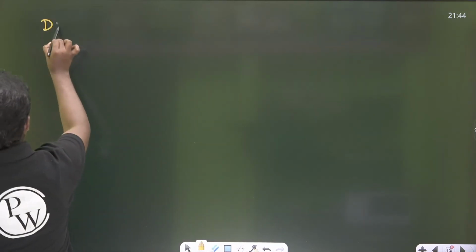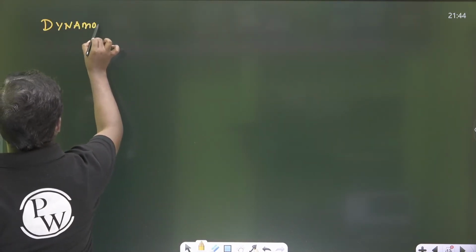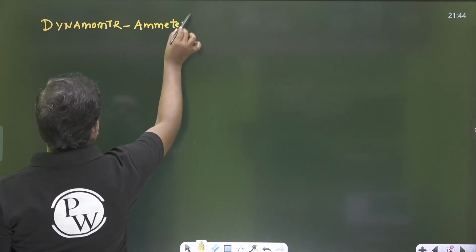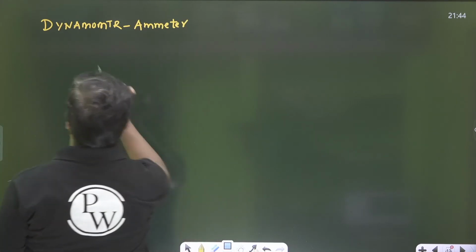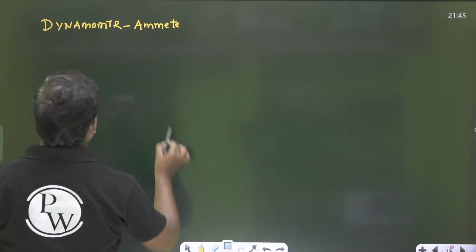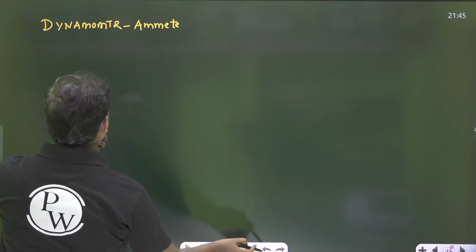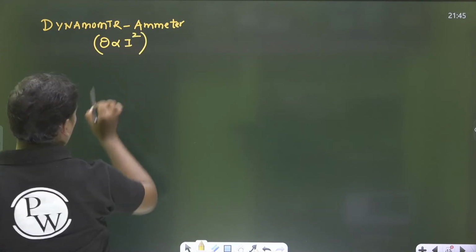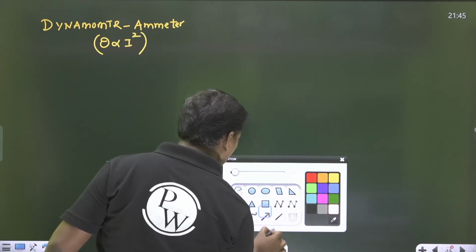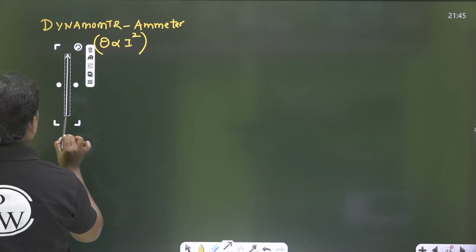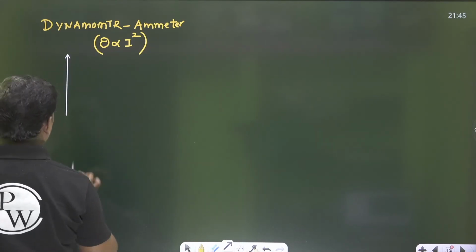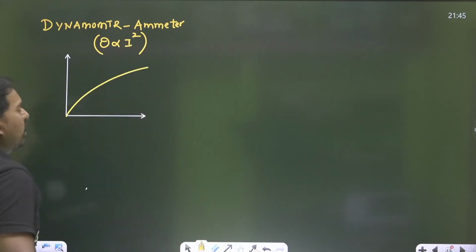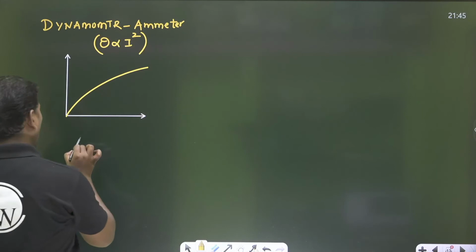So for the dynamometer type ammeter, if you check the scale, the deflection theta is proportional to I square. If you draw the scale, it is like this. Theta is proportional to I square, so we are going to get a non-uniform scale.